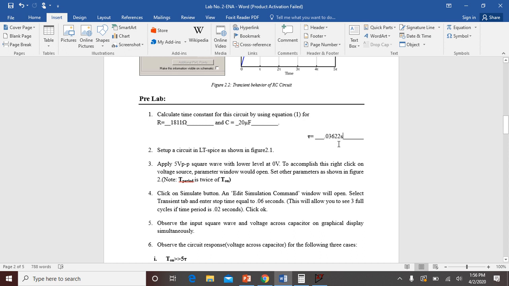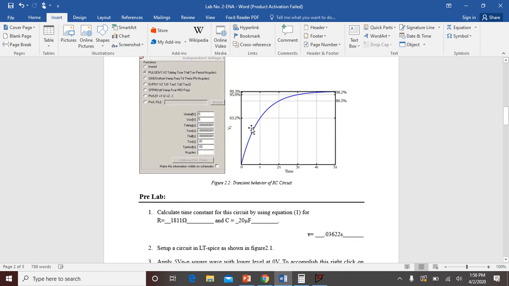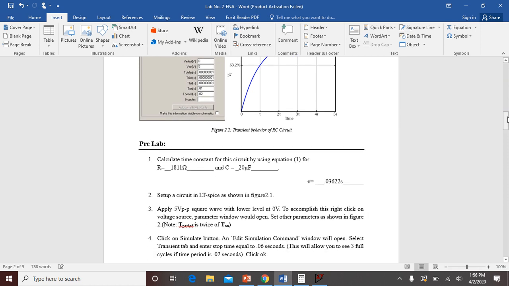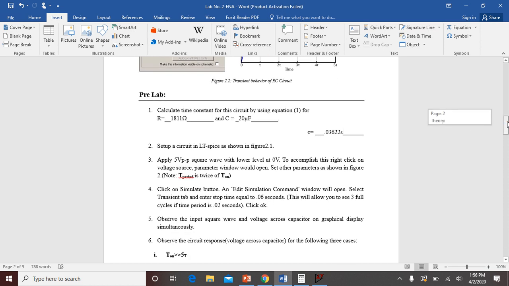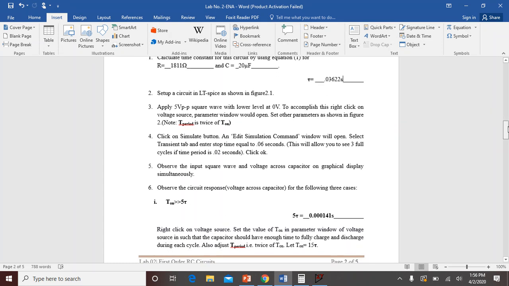To observe the fully charging of the capacitor, like to observe this kind of behavior of a capacitor getting fully charged, we need to have the on time of the supply voltage equal to 5 tau. That is so that we may observe the fully charged value.